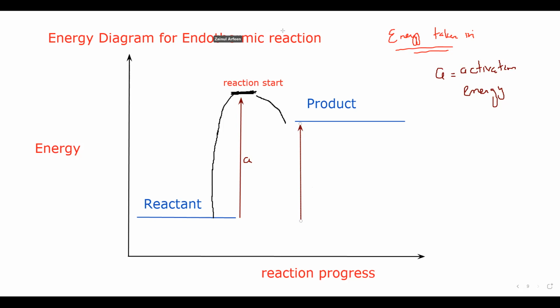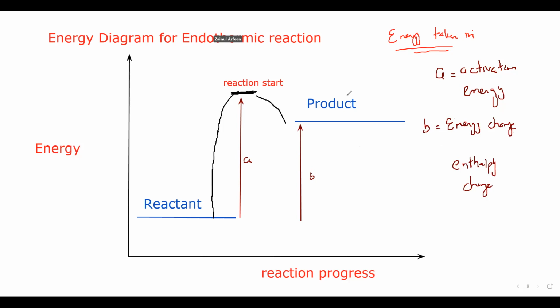This is known as energy change, also known as enthalpy change. So this is the energy diagram of an endothermic reaction.